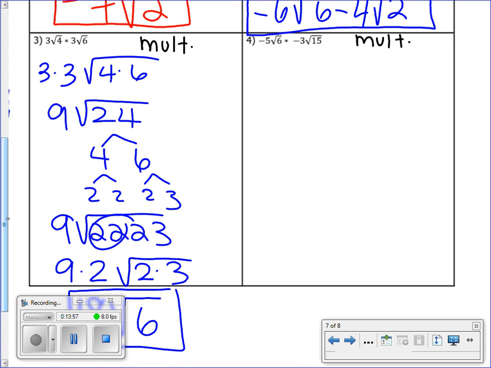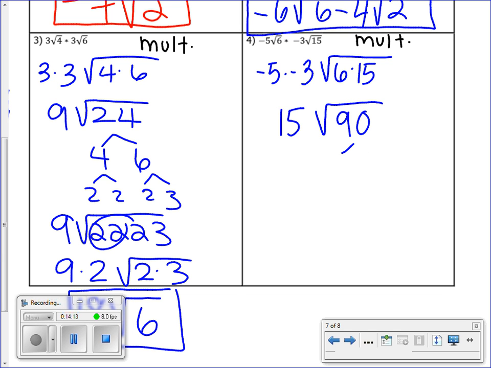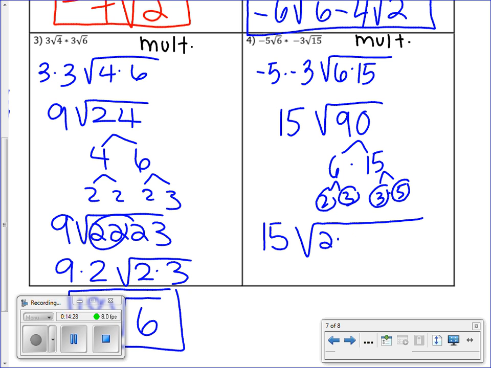And number 4, same idea. Negative 5 times negative 3, square root 6 times 15. When we multiply the outsides, we get positive 15, and the inside gives us 90. Again, break down that 90 with the 6 and the 15 that you just used. 15 breaks down to 3 and 5. 6 is 2 and 3. So we get 15 square root 2 times 3 times 3 times 5.